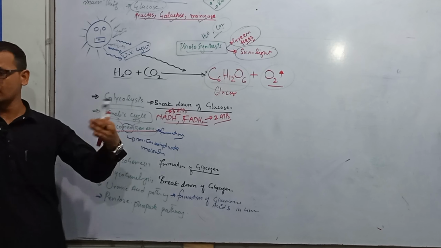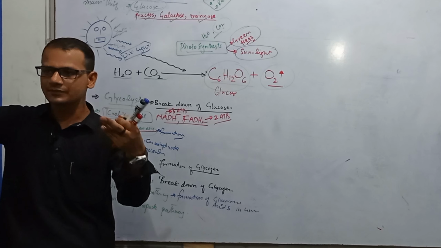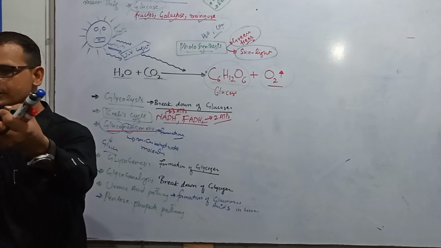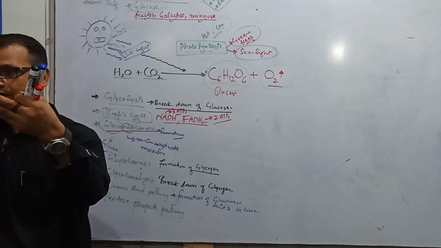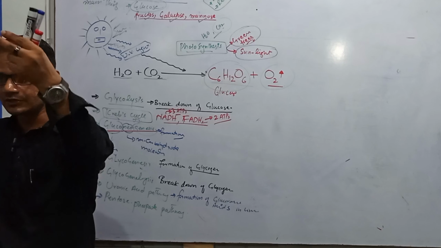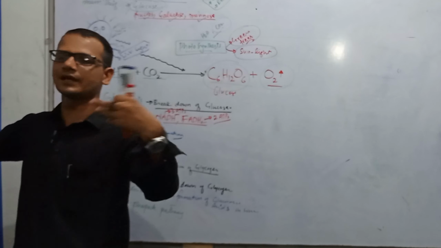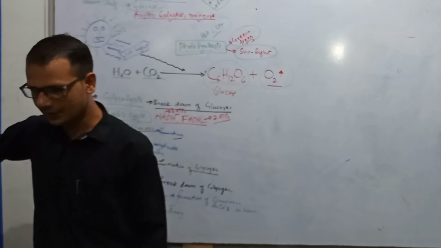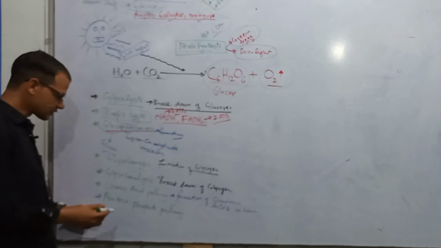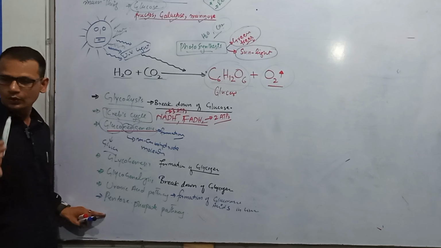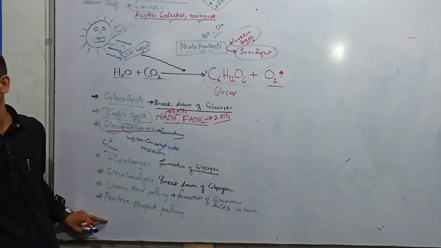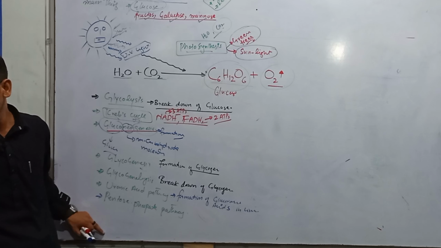It will undergo glycolysis, then the Krebs cycle, then the electron transport chain. So in these reactions glucose will be converted into water and carbon dioxide, but in the pentose phosphate pathway the glucose is directly converted into water and carbon dioxide, right?